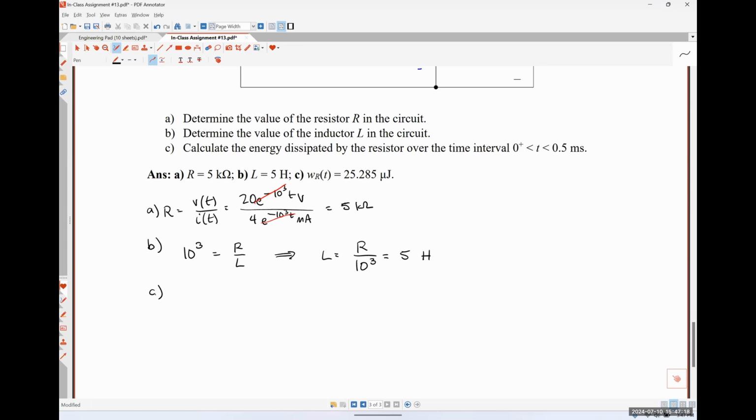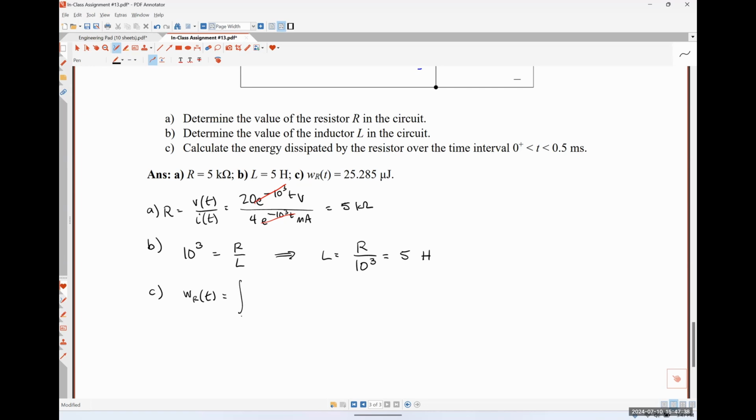I'm going to hit you guys with two different ways to do this, and then I'm only going to actually do the math for one of them, all right? So we're looking for energy. Energy is the integral of power, right?